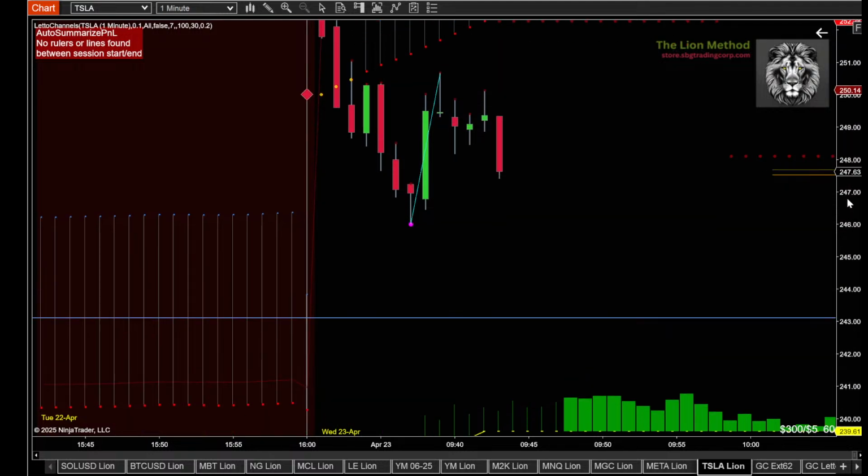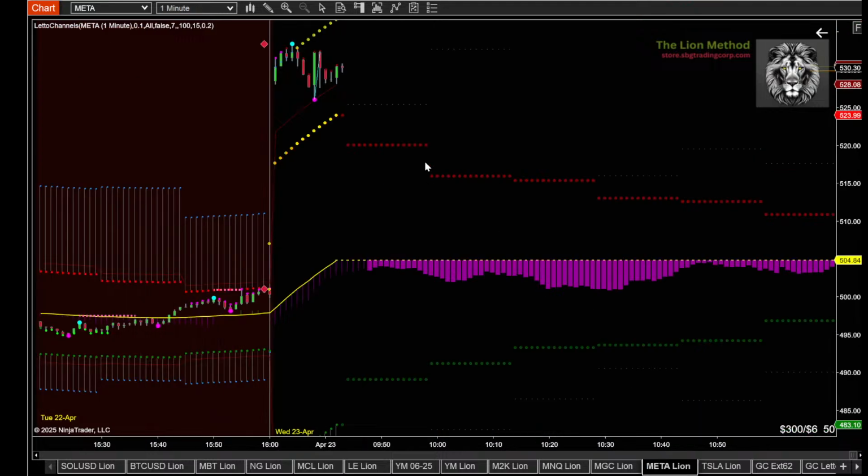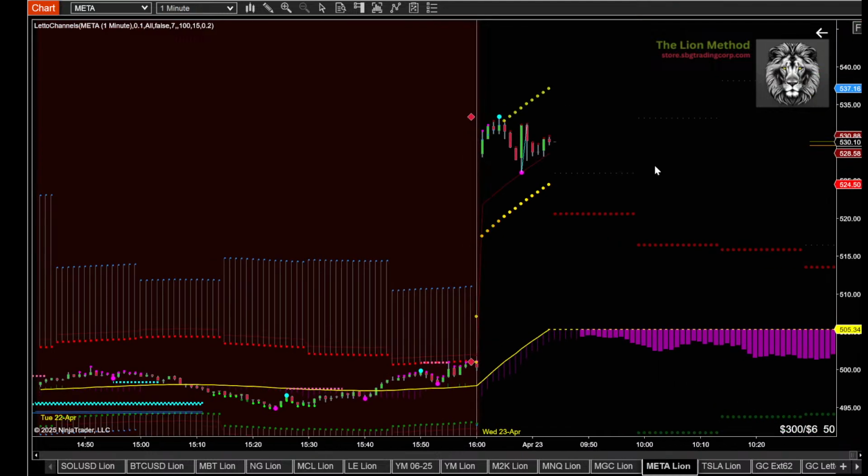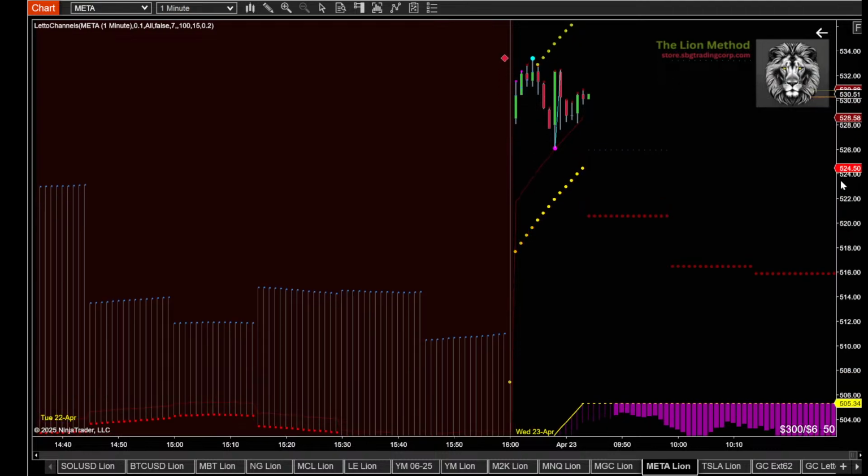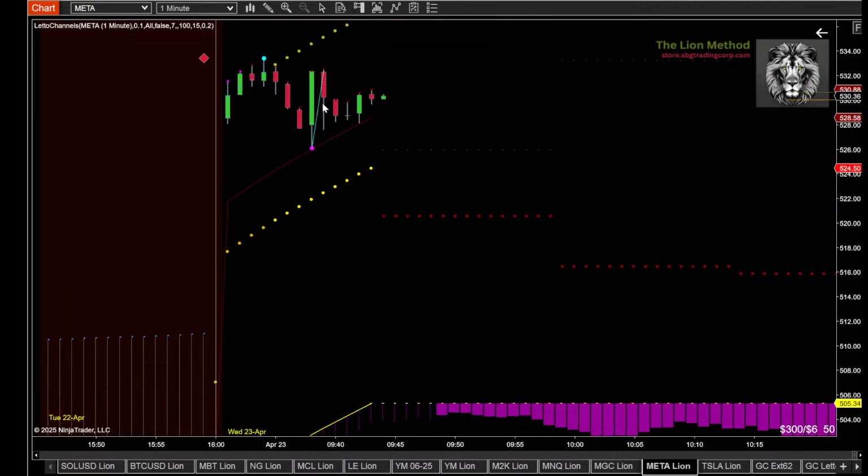All right, well, we're getting there. Meta does have our magenta dot now. So that risk is $6, and we would be able to trade 50 shares for that amount of risk.